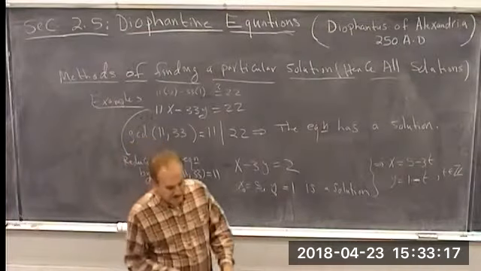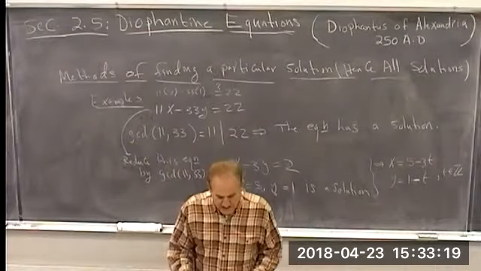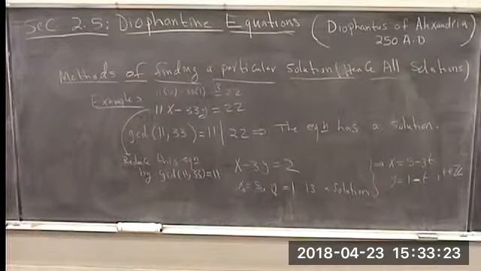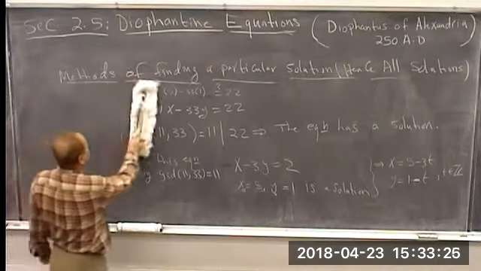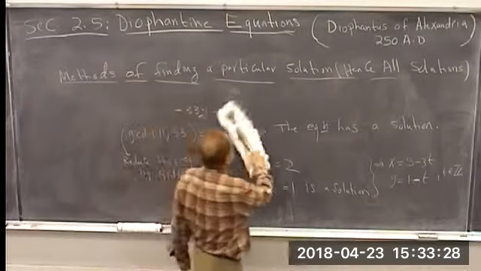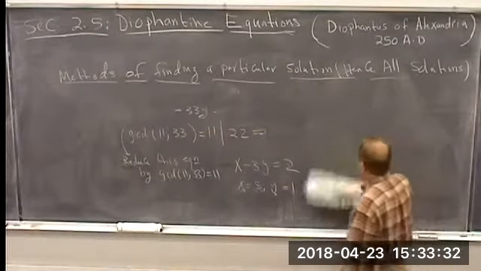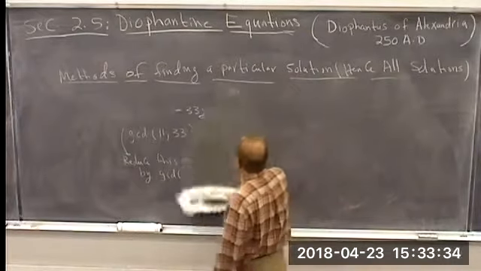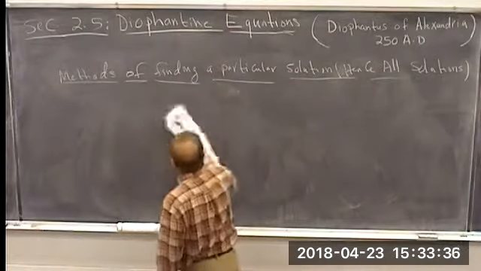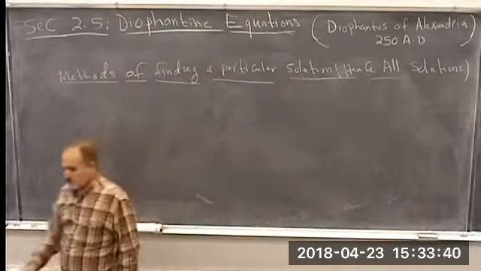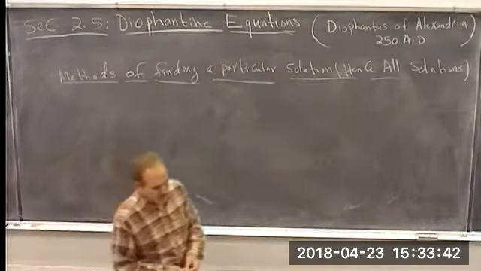All right, let's look at another example and another method. So this is guessing, trial and error, because the coefficients are very small, and we can do this. Let's look at another example.